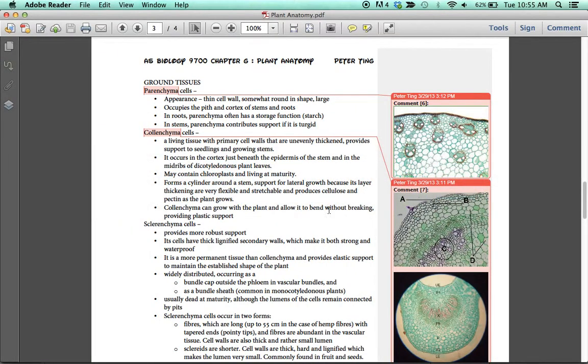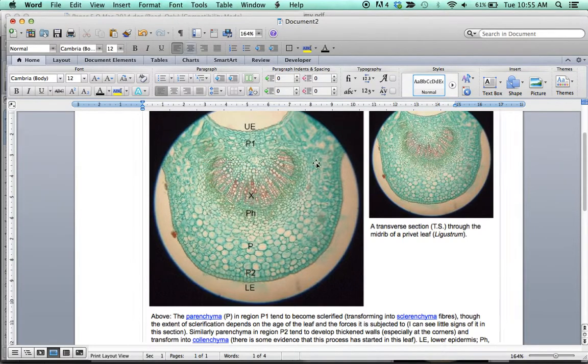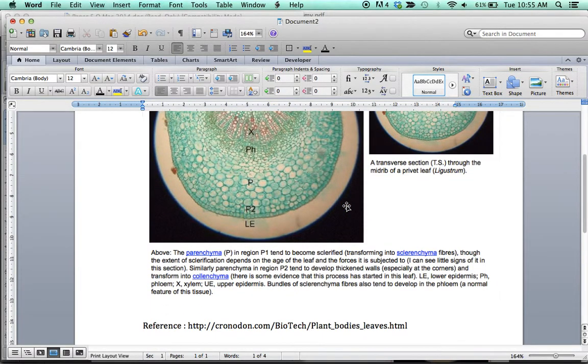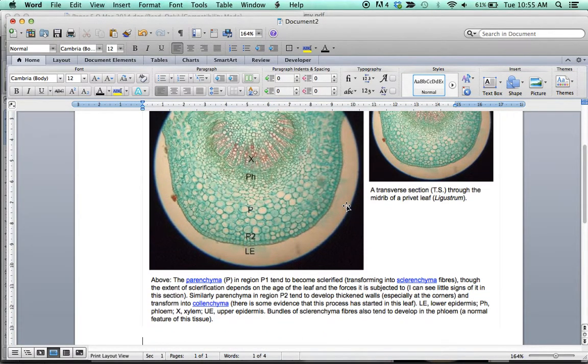It reminds you of the parenchyma cells. So this layer contains our parenchyma cells. And if you look back at this description over here, which I took from this website, it says this region P over here is our parenchyma cells.